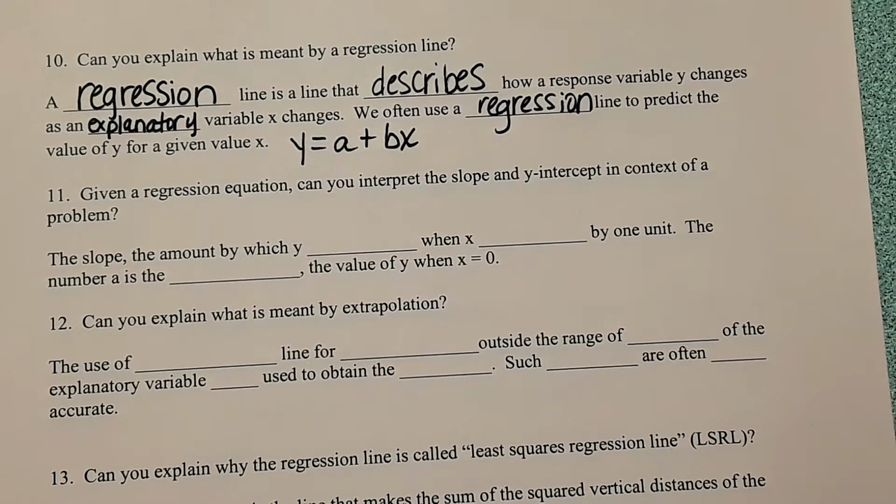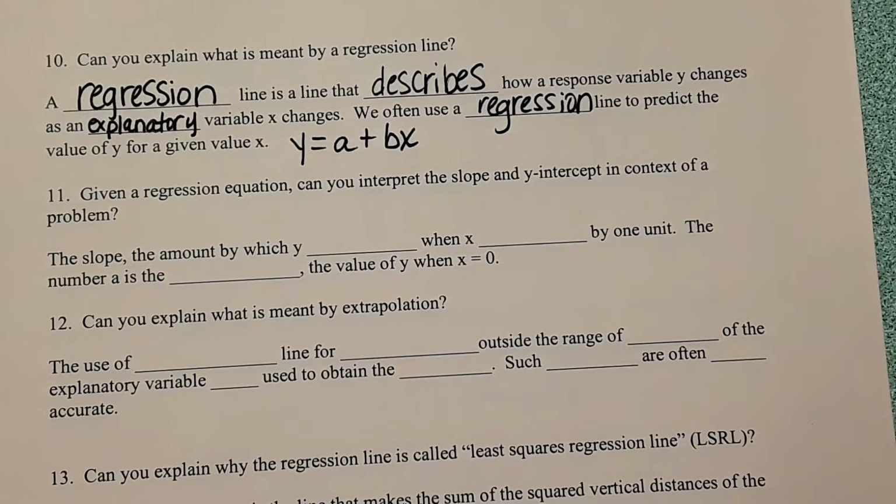One of the things that the AP exam loves is to ask you how to interpret the slope in context of the problem. They love to give you a multiple choice question about that, and a free response question about that. Given a regression equation, can you interpret the slope and y-intercept in context of a problem?